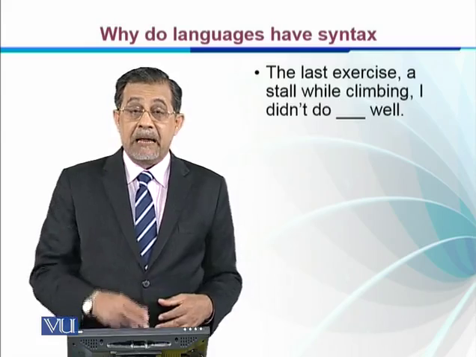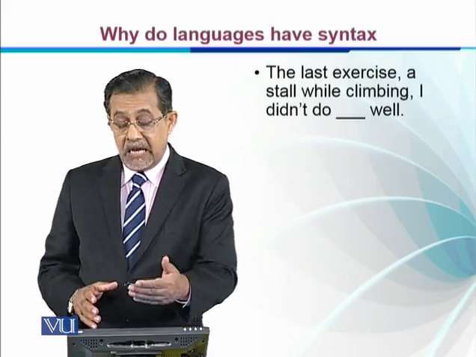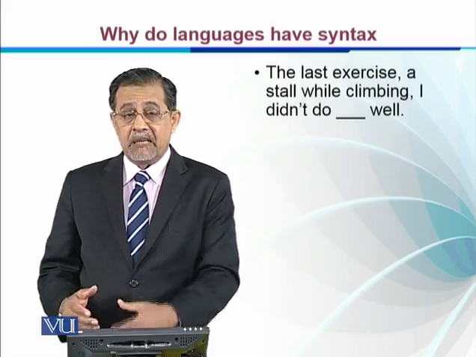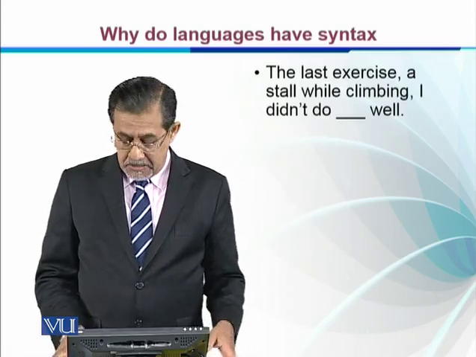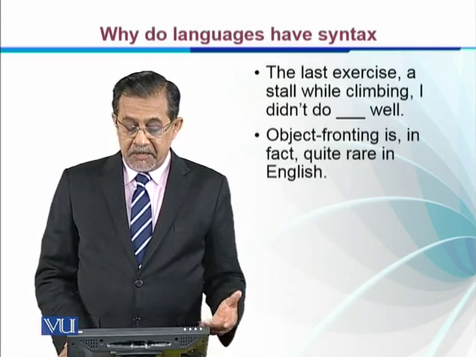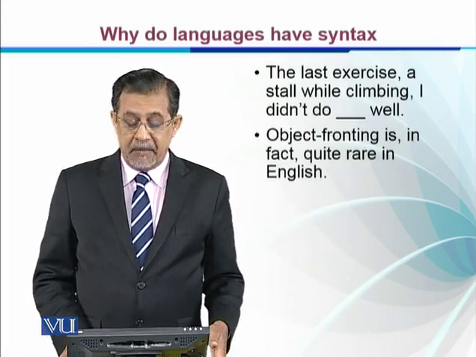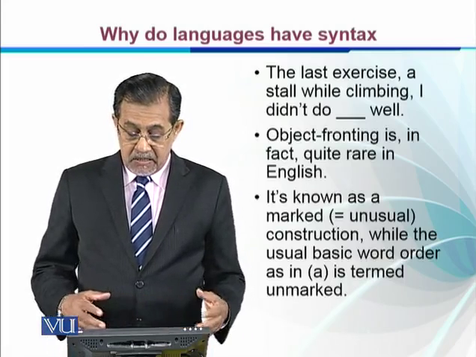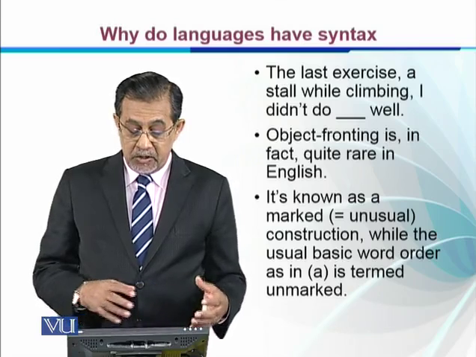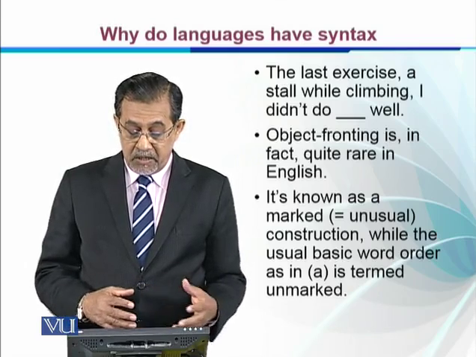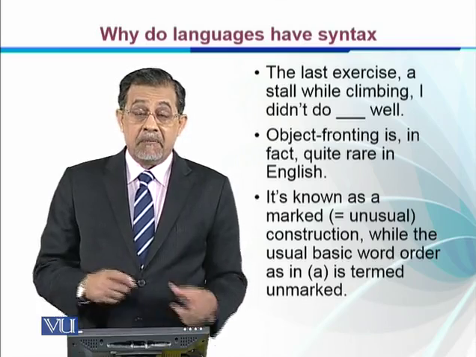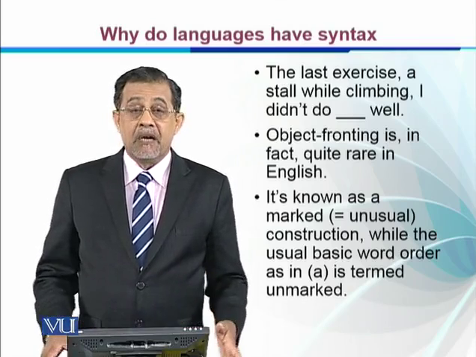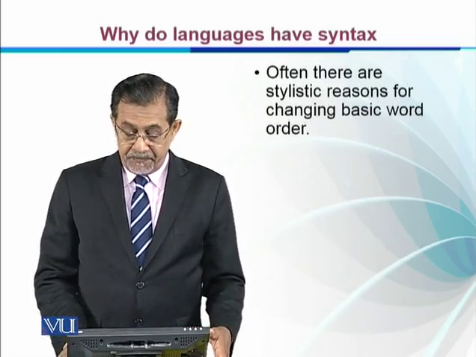The gap tells us that the last exercise phrase has been picked up and fronted. Object fronting is in fact quite rare in English. It's known as a marked construction, while the usual basic order as in A, Kim drank tea, is termed unmarked.